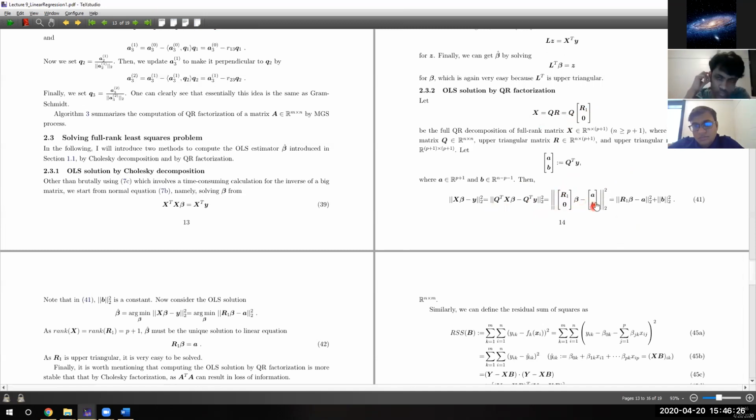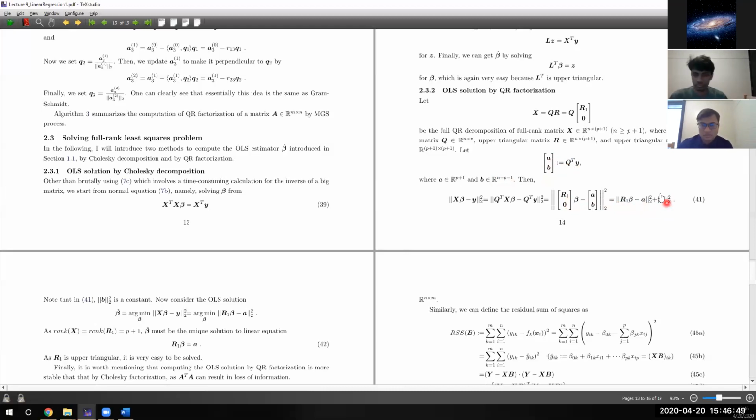However, the B here is a constant, because B simply equals the last n minus P minus 1 dimensions of the vector Q transpose y, where Q transpose y is a constant. And that's why, if you write it out a bit more, this part equals the norm of R1 beta minus A plus the norm of B.